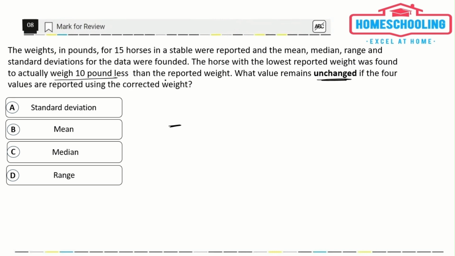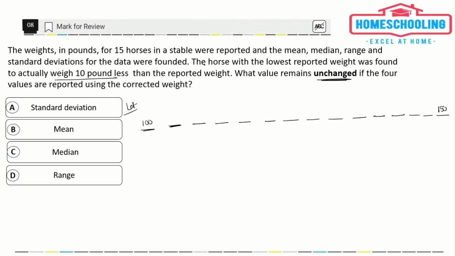We don't know the weights of these 15 horses. Let's say it goes 1, 2, 3, 4, 5, 6, 7, 8, 9, 10, 11, 12, 13, 14, 15. Let's say the weight of the lowest weight horse is 100 pounds and the highest is 150.